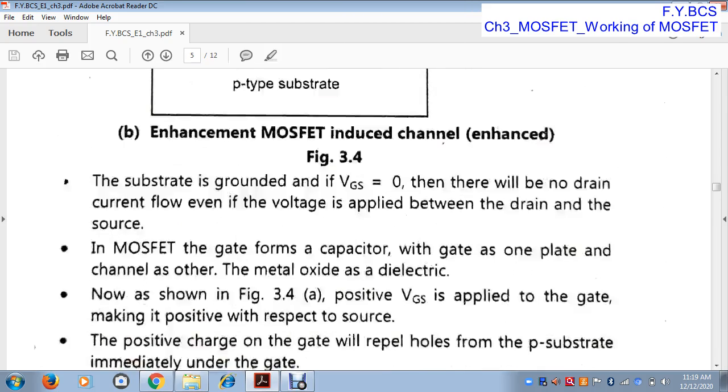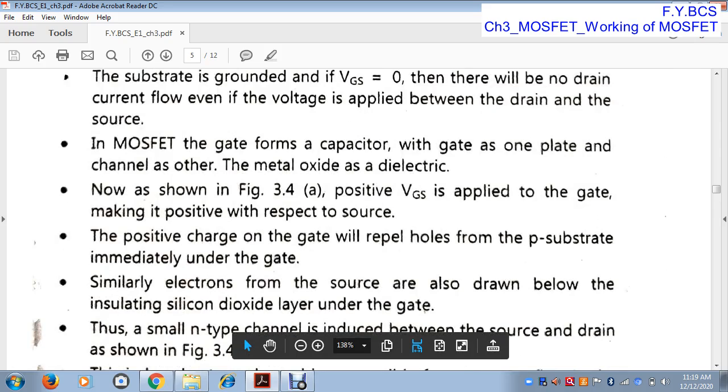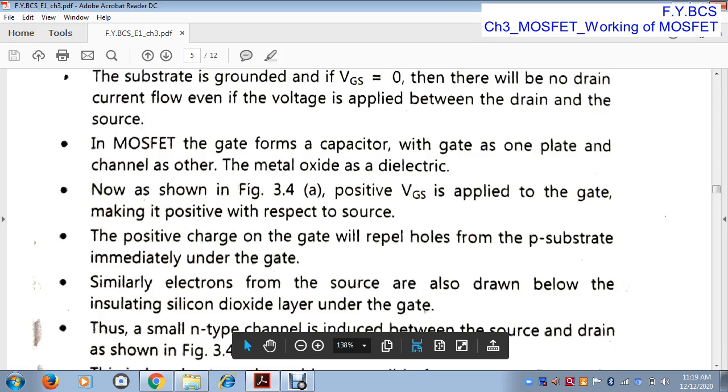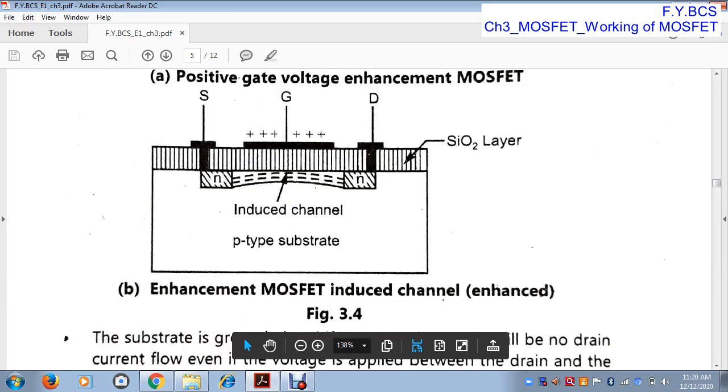Okay, so the positive charge on the plate will repel the holes from the P substrate. Similarly, electrons from the source are also drawn below the insulating silicon dioxide layer under the plate in this diagram. This is the p-type substrate.